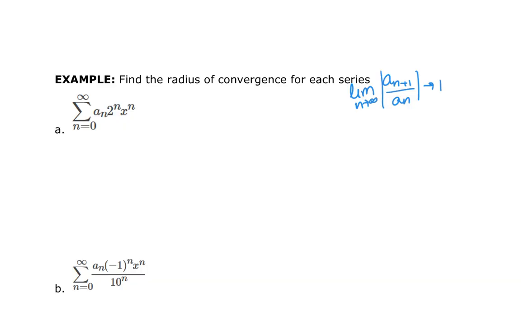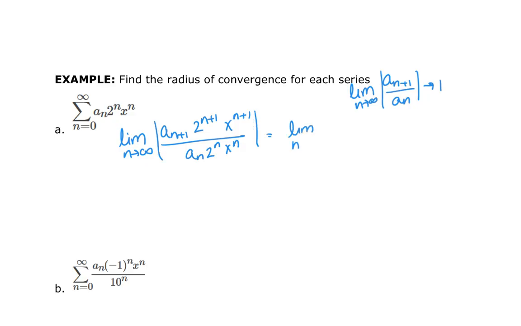So we're going to start with the root test. And so we do the limit as n goes to infinity of the absolute value of a sub n plus 1, 2 to the n plus 1, x to the n plus 1, over a sub n, 2 to the n, x to the n. Now this is the same thing as the limit as n goes to infinity of the absolute value of a sub n plus 1 over a sub n, multiplied by the limit as n goes to infinity.